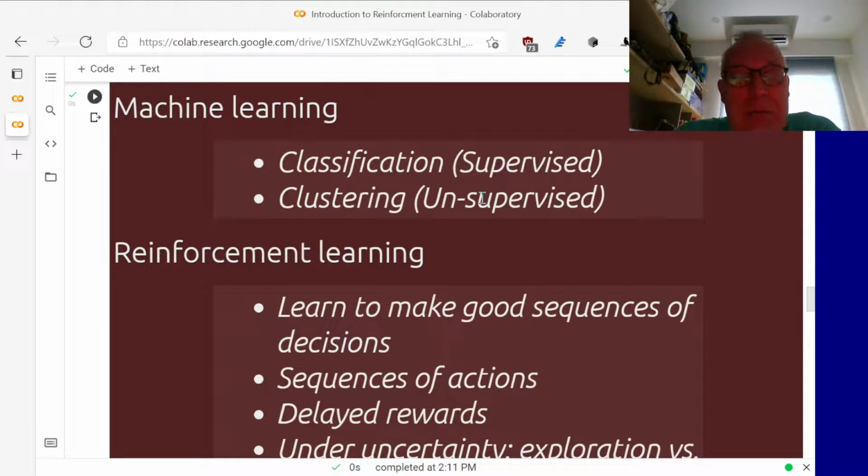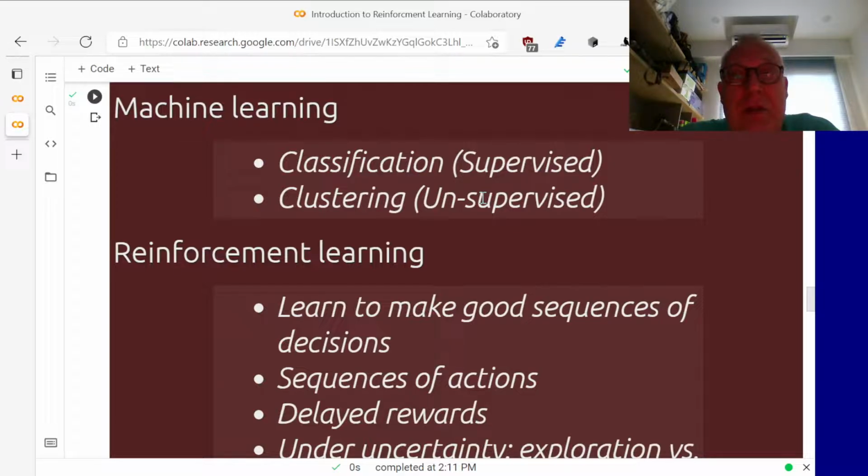So a lot of machine learning applications or problems are classification problems where you're given a training data set that includes labels, and then you have to find the correct model in order to generate the labels for the training data, but more importantly for the unknown instances that you haven't seen yet.